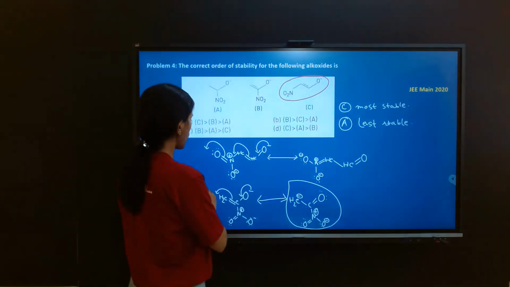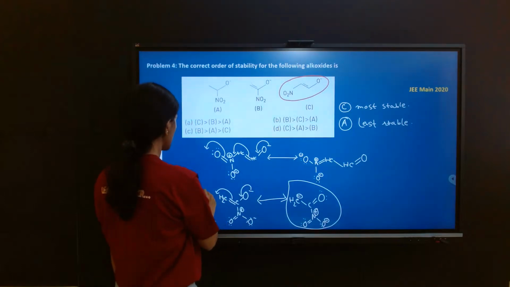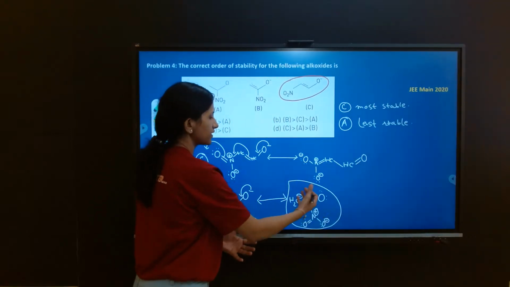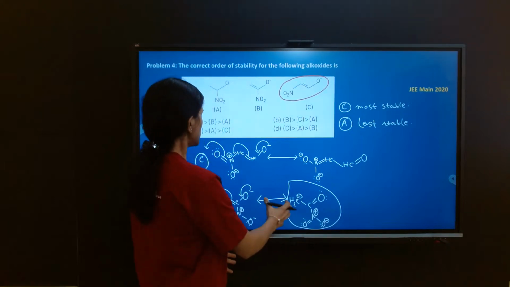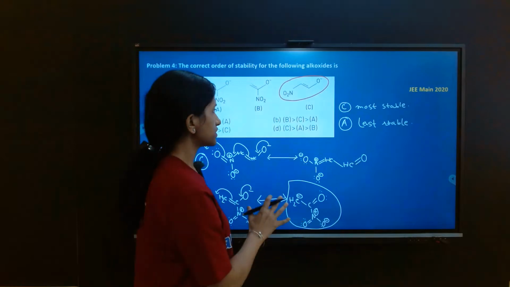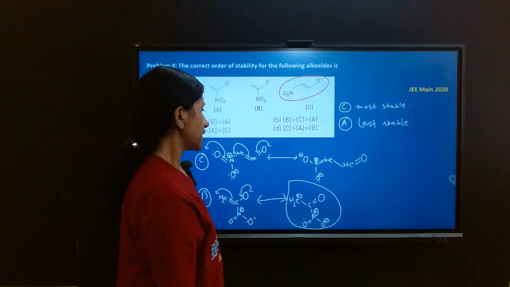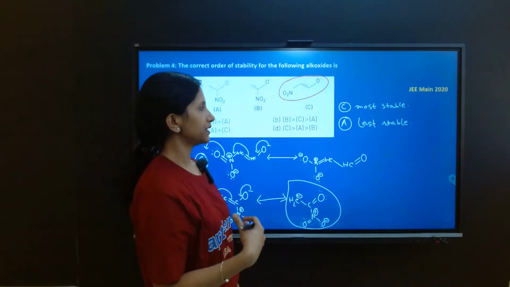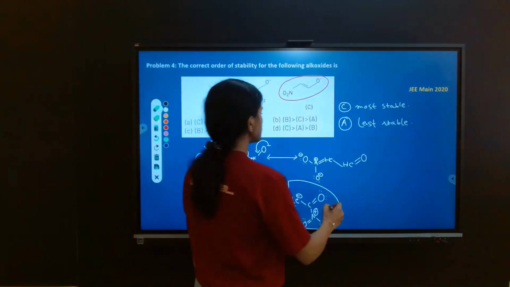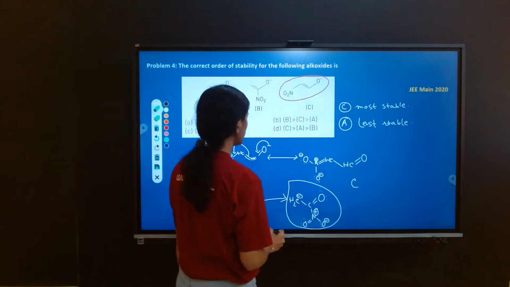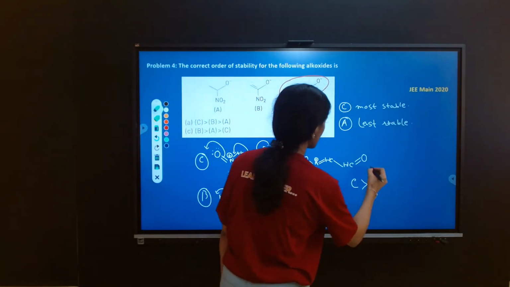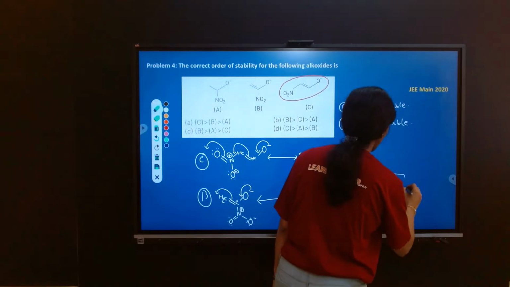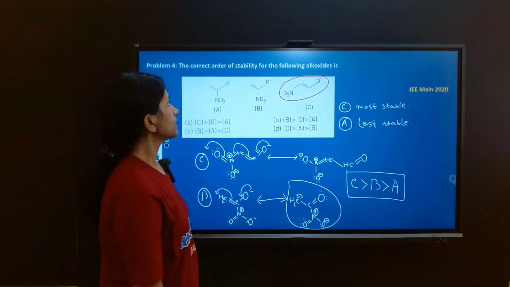That's why the stability of B, this is our B and this is our C. Because the right hand side structure is less probable, the stability of compound B is in between A and C. So it is more stable than A but less stable than C. So the correct order of stability would be C is the most stable one, it is more stable than B, and B is more stable than A. So this is the correct order of stability of the given alkoxides.